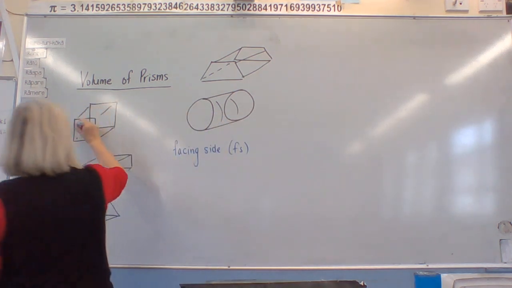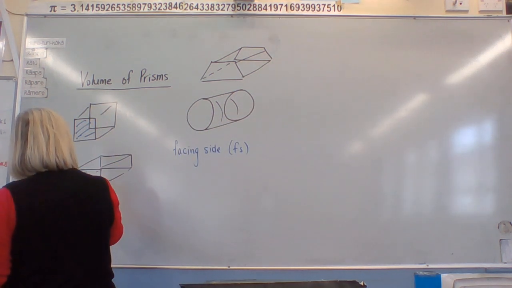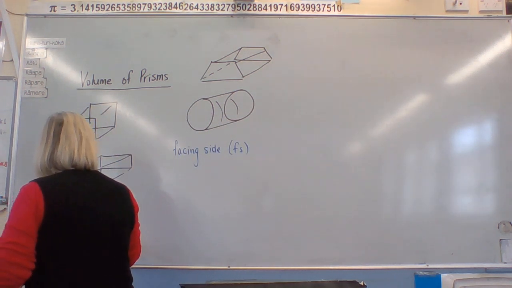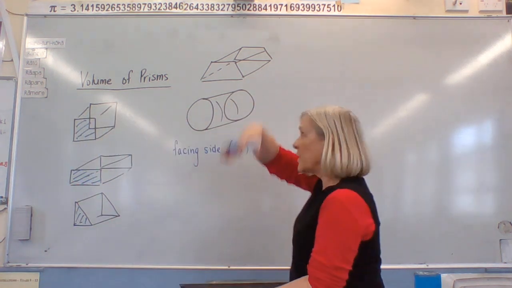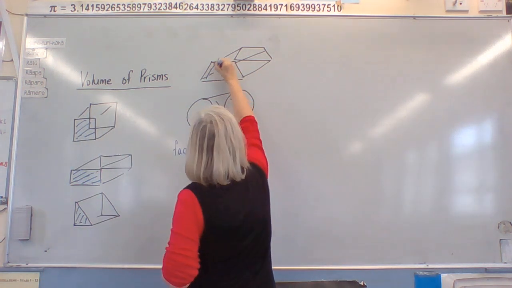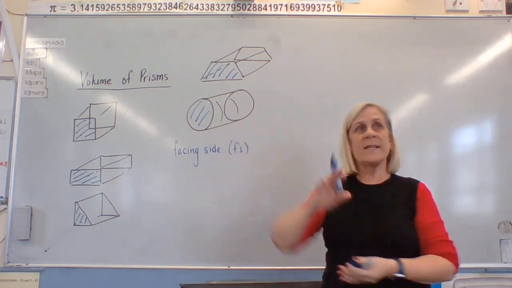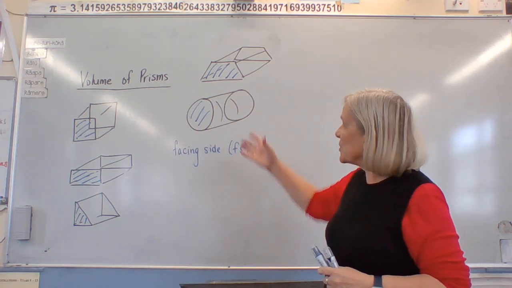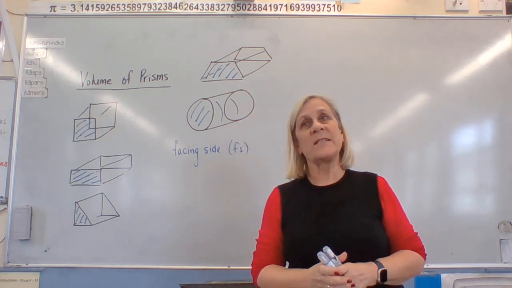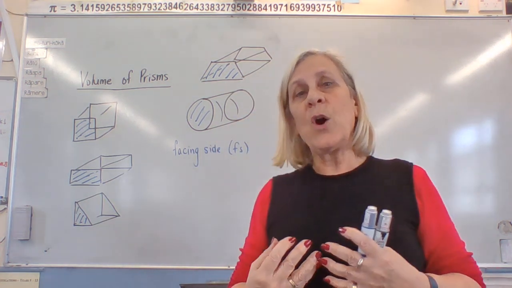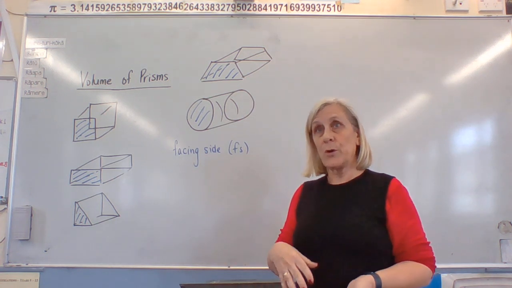So this is a facing side. This is a facing side. This is a facing side. It doesn't have to be facing you. It could be standing on the end. So the cylinder at the moment is rolling around, but it could be standing up like a tin. And it would still be this side that is the facing side. Because it helps us to find the volume.